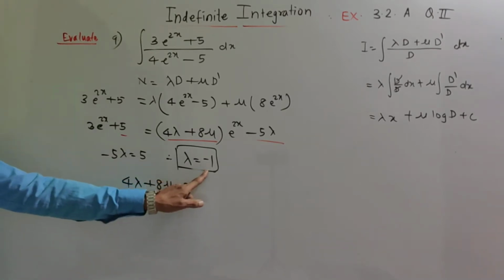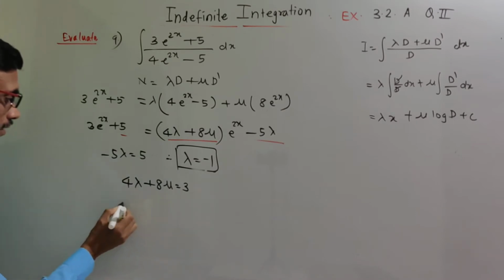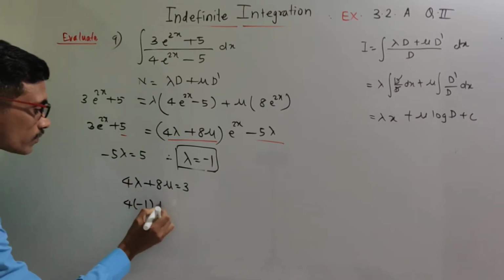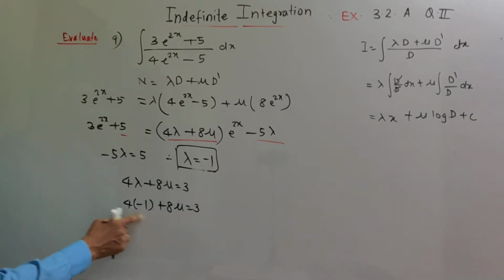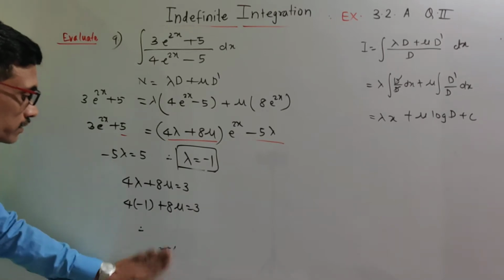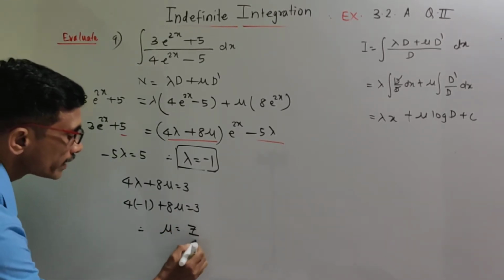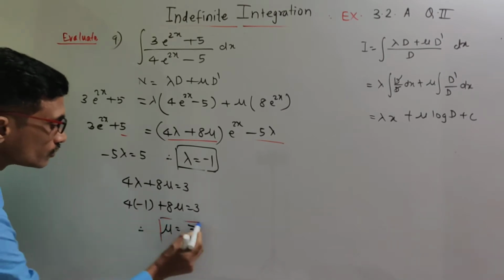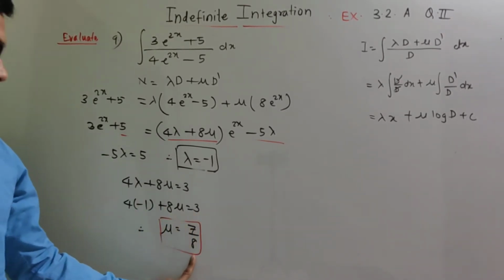Lambda is minus 1, so it is 4 into minus 1 plus 8 mu is equal to 3. This is 7, so 7 upon 8. So mu will be equal to 7 upon 8.